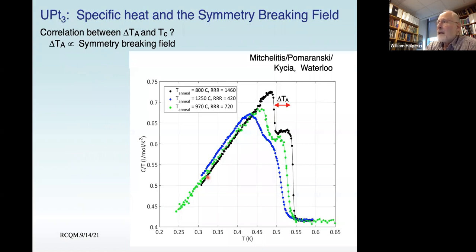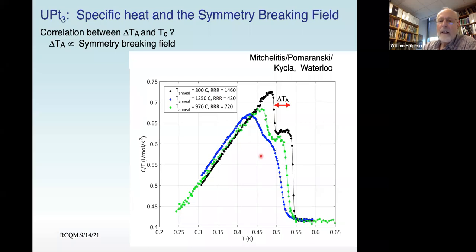Now the specific heat, I know I'm getting on in time here. The specific heat for 3 of the crystals that we've grown has a phase window, I call it, the difference between the onset of superconductivity and the A to B transition, which changes depending on the triple R in a systematic way.